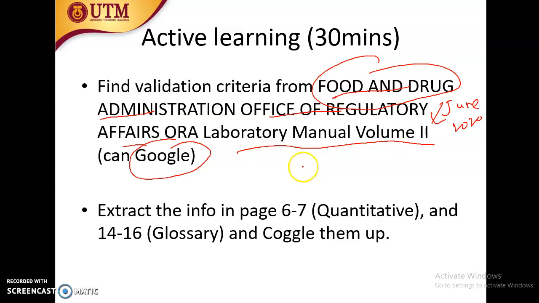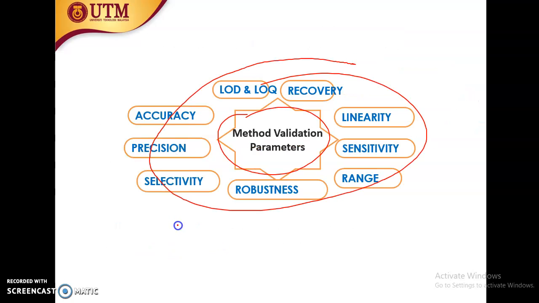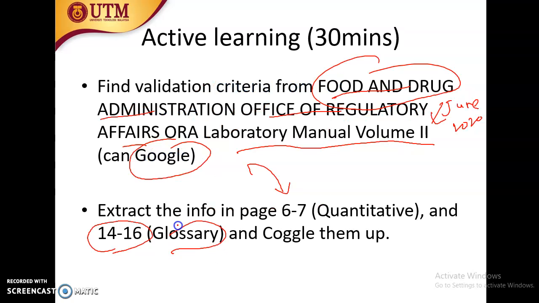You go straight to pages 6 to 7 on quantitative analysis, and pages 14 to 16 for the glossary. The glossary tells you the meaning of each of these parameters, and then you go to Kaggle.com and put your information in terms of a mind map.